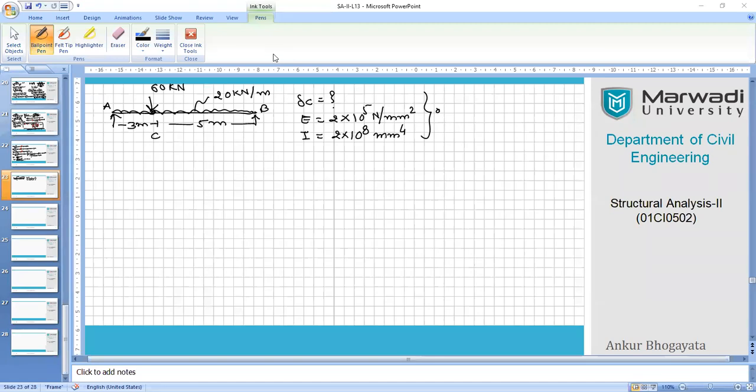We have experimented with application of this principle on some of the determinate structures, namely the cantilevers, bent cantilevers, and right now, finally, we have explored how to apply this first principle in the simply supported beam.